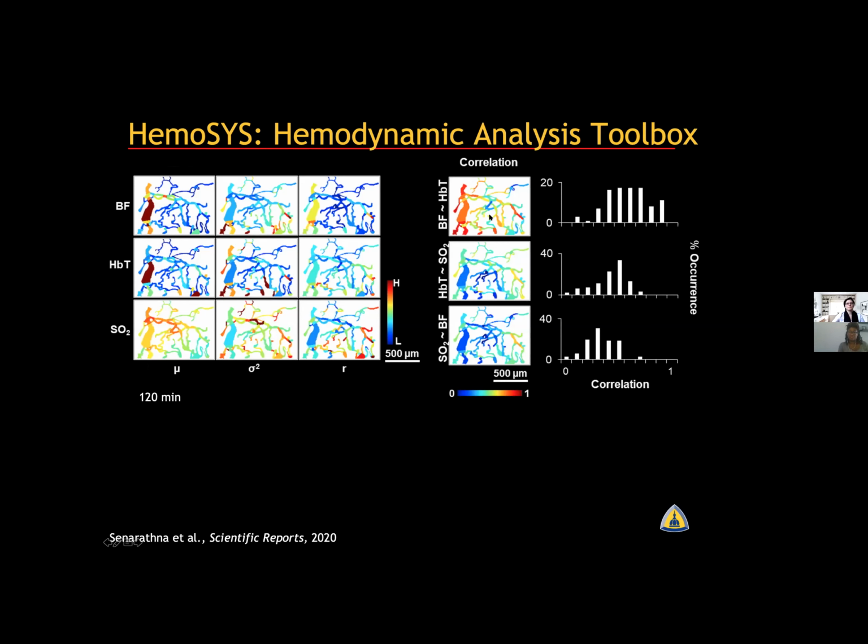And as you can see, in general, in most tumor regions, the correlation tends to be poor, and then you can actually map the distribution of these correlation coefficients. So again, this is a very powerful toolbox that we call Hemosys. We just published this. This toolbox has been made freely available to any investigators who want to use it. It's a MATLAB-based toolbox. You can go to our website and download it for your own applications if you have imaging data of this nature.